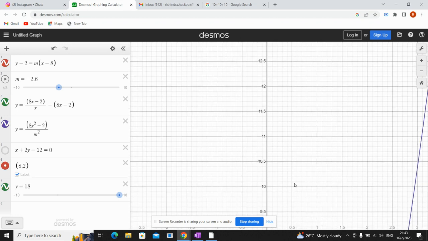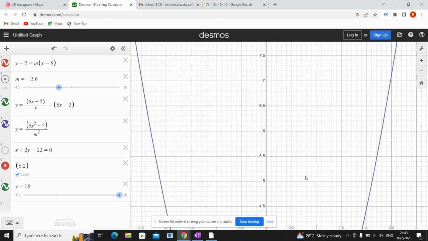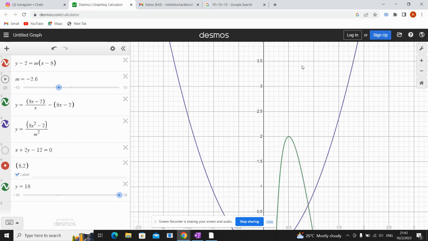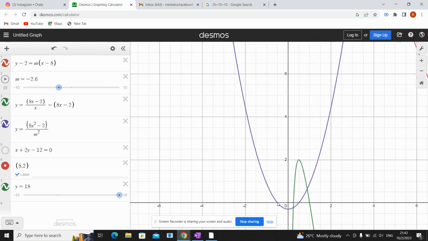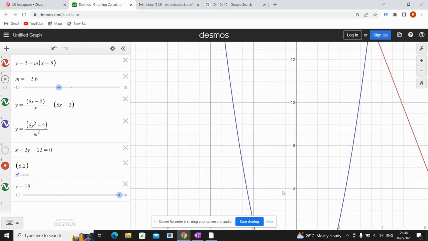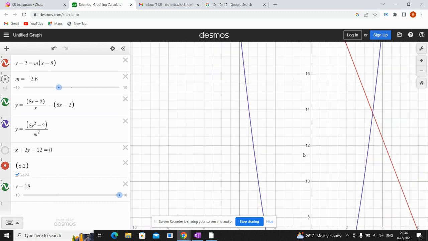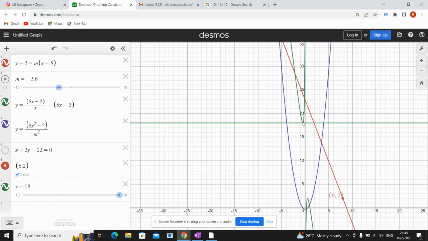Look at it, the slope of the tangent is 0 at 0.5, which means at 0.5 if we draw a tangent to the green curve, the slope will be 0.